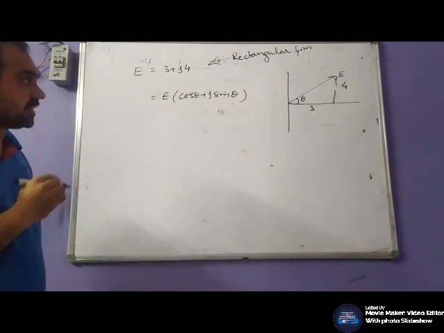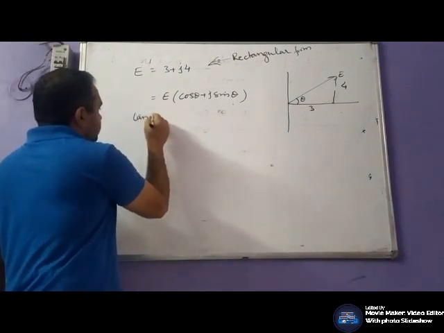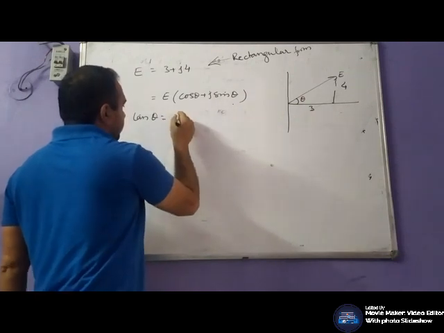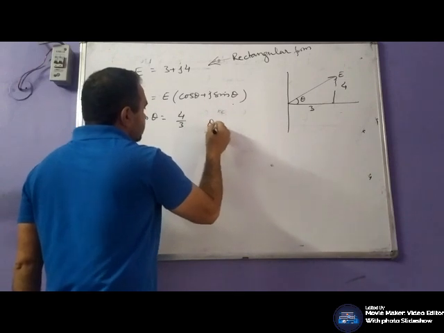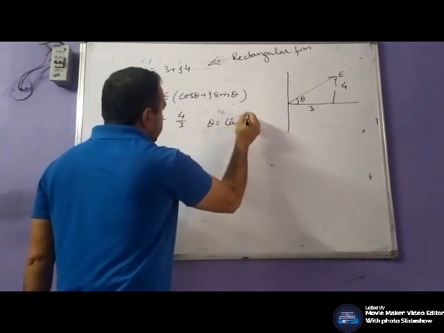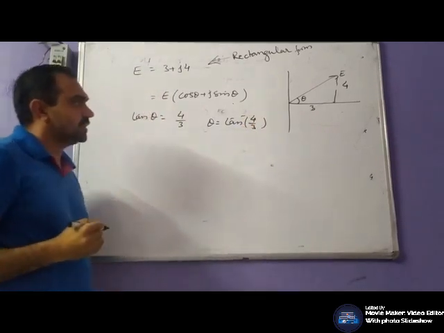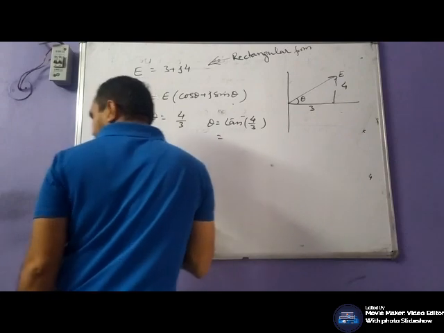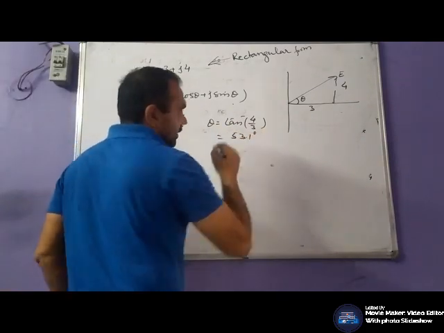Our requirement is theta. Tangent theta is perpendicular by base, 4 by 3, or theta is tangent inverse 4 by 3, and it comes out to be 53.1 degree.